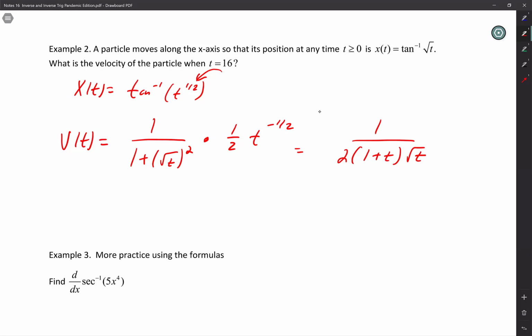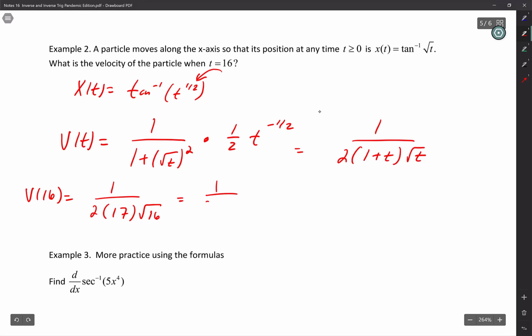I could have put them both together, guys. I'm going to plug in 16. 1 over 2 times 17 times square root of 16. So you get 1 over 2 times 17 times 4.